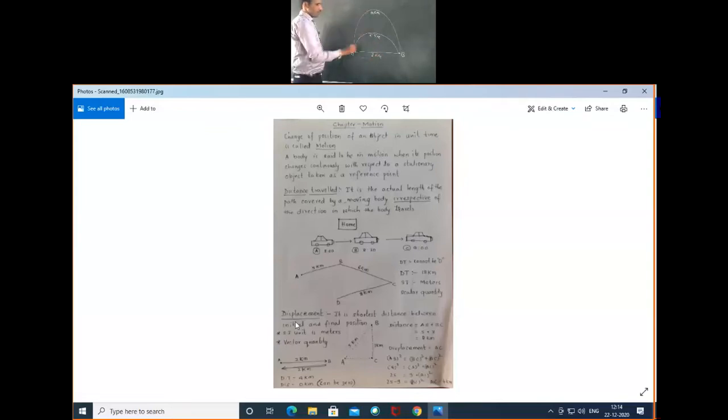A person can go from A to B by this route also. This is the shortest distance between the initial position and the final position.